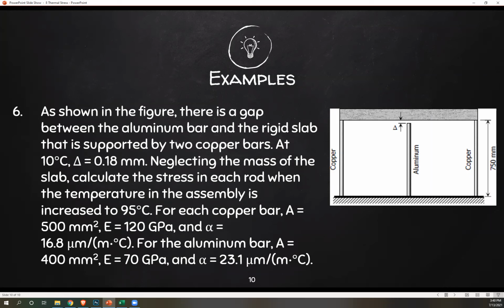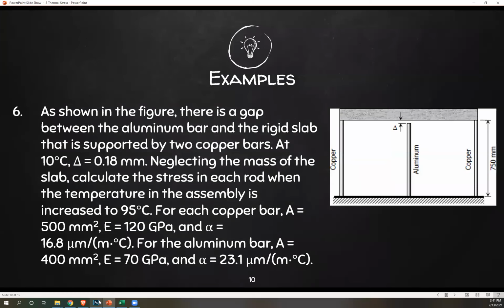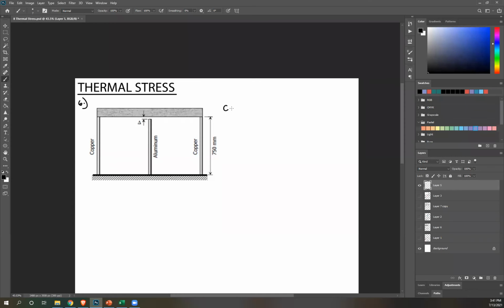Okay, so to analyze, basically, originally, your system is at 10 degrees. Increasing it to 95, everything will expand, right? And then what we want to know now is the stress in each rod after that expansion. So let's solve. First, let's write out the given. Okay, let's start with copper.